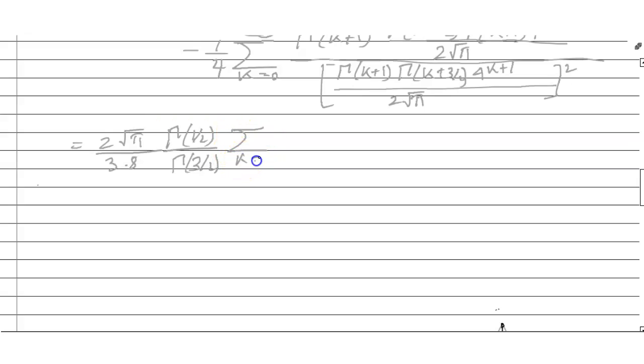Sum over k equals 0 to infinity of 1 whole square k Pochhammer and half k Pochhammer series. This is called Pochhammer, and 3 by 2 k and k factorial, friends, and minus root pi divided by 2 into 8, gamma half, gamma square 3 by 8.